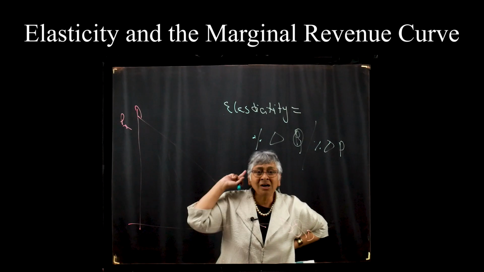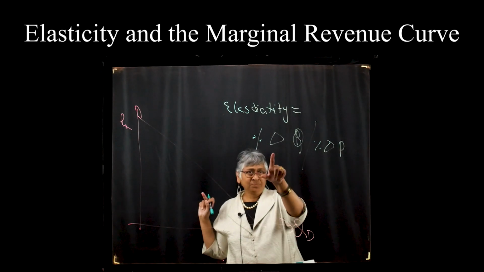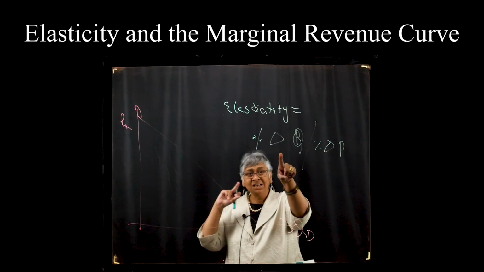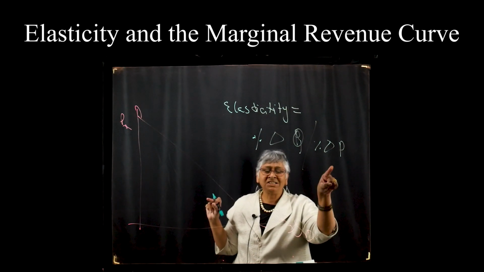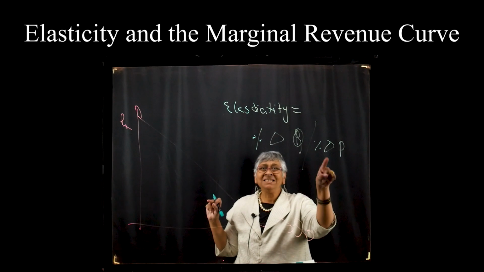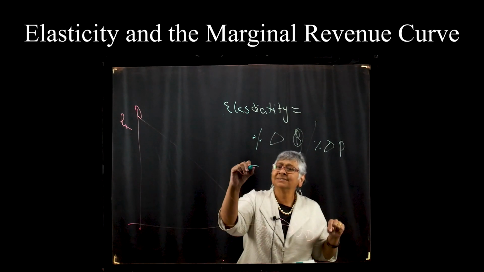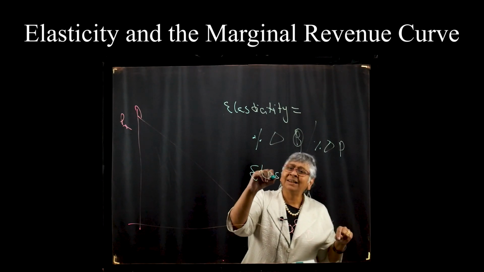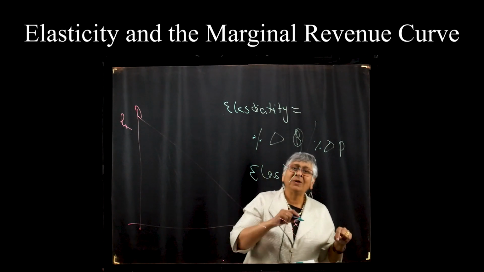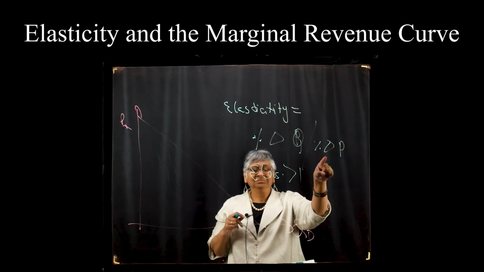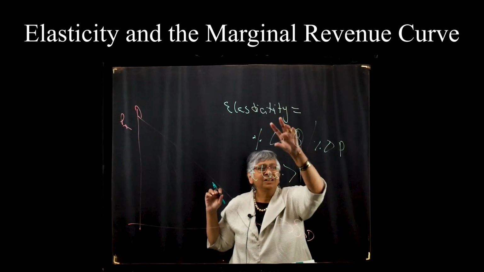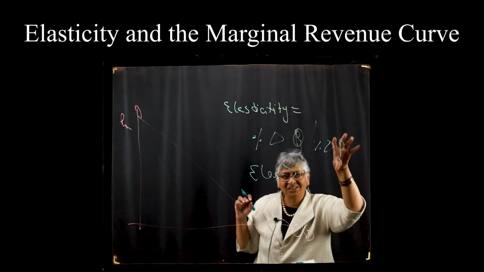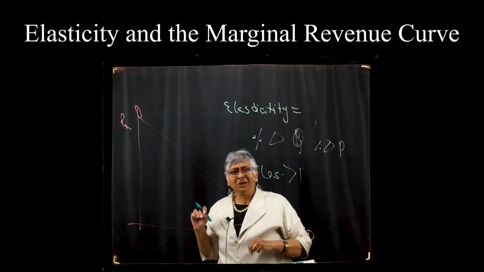As long as percentage change in quantity is higher than percentage change in P, which means as long as elasticity is greater than 1, quantity increase outweighs price decrease, my revenue will go up.